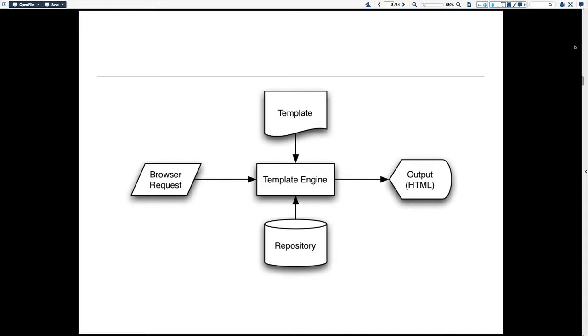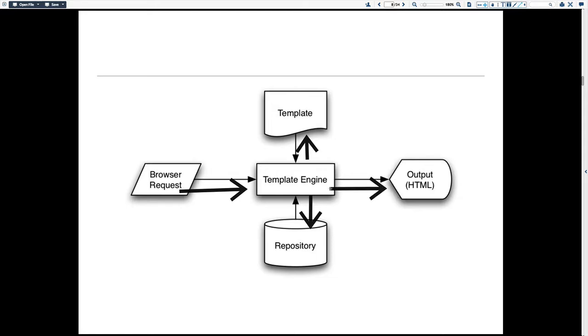The templating engine will be able to assemble complete pages from individual fragments. So a request will arrive from the browser at the templating engine. The templating engine then will have to secure from a template repository of some kind the templates, which are incorporated by the templating engine into individually created web pages.